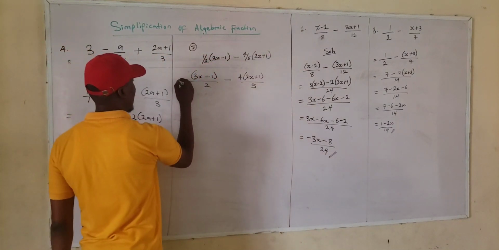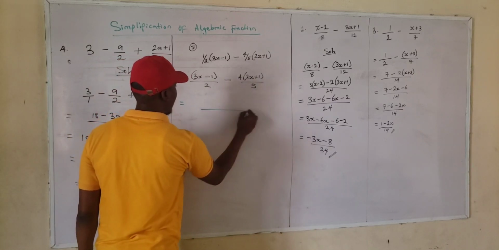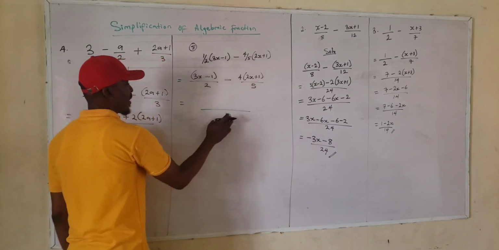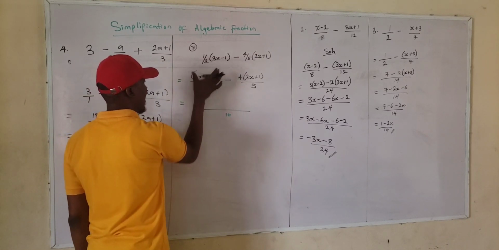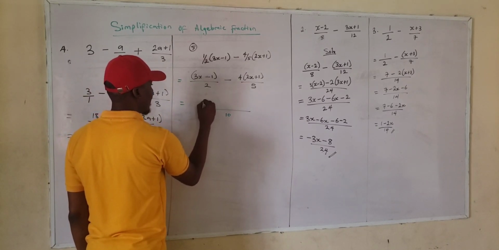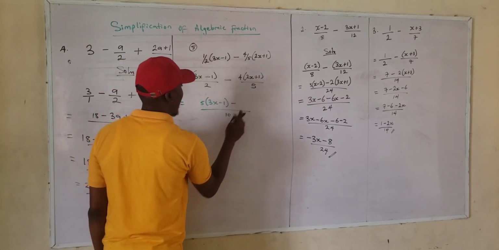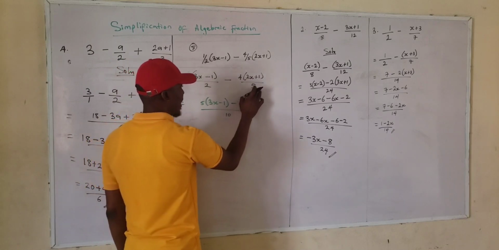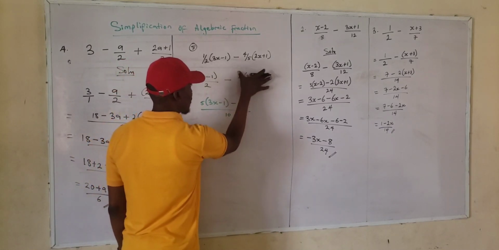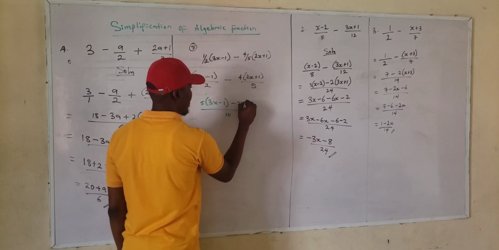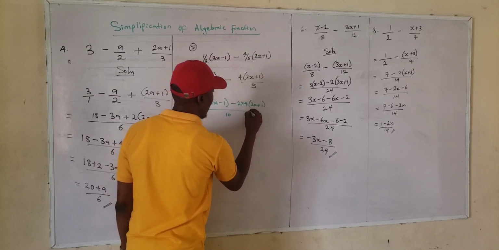You take LCM, LCM of 2 and 5, that will give you 10. 10 divided by 2, okay, will give you 5. 5 times the bracket will give you 5 into 3x minus 1 minus 10 divided by 5, that will give you 2. 2 times what you have here, so you have 2 times 4 into 2x plus 1, okay?